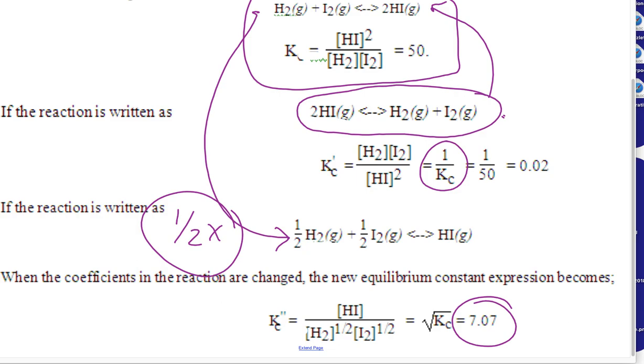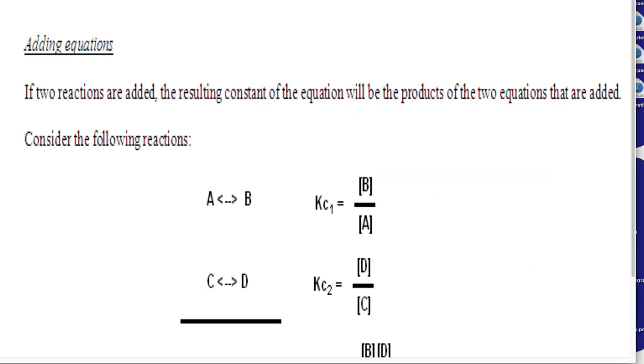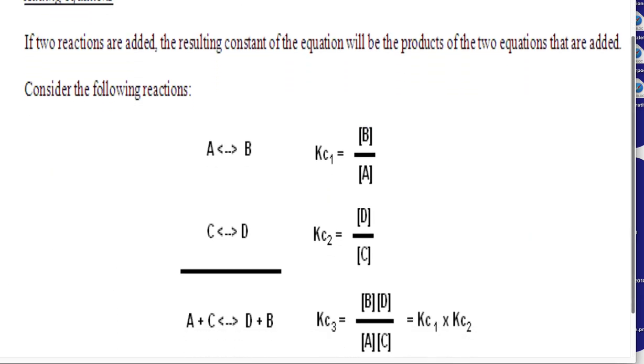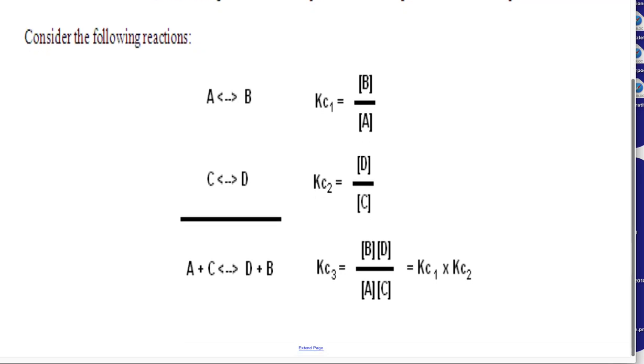Okay? All right, and the last thing we can do to play with our Ks is to add up equations to find a new K. So I'm just going to go through to show you where it all comes from. If I have A going to B, do you agree that that's the K expression, B over A, right? If I have C going to D, do you agree that it's D over C?